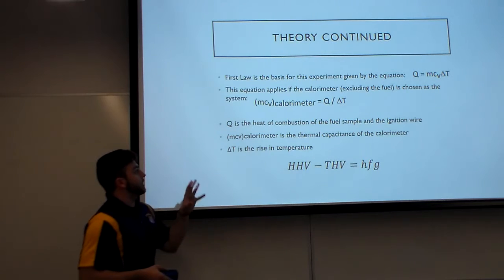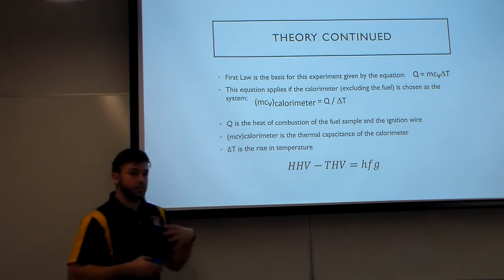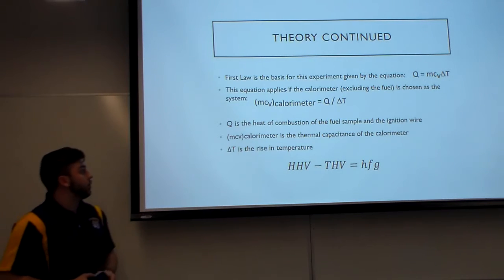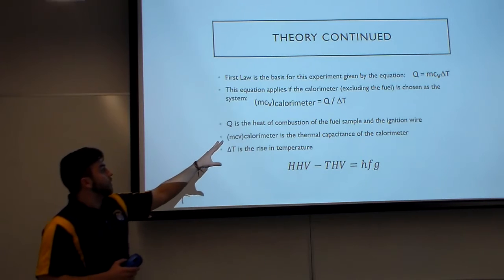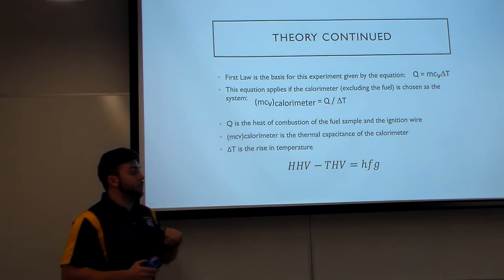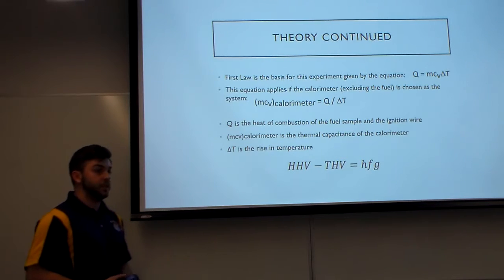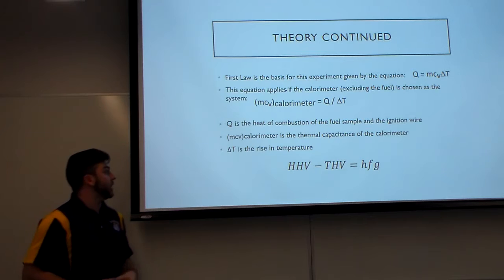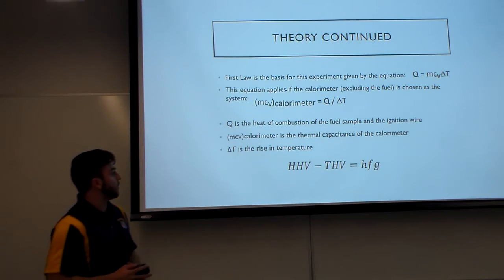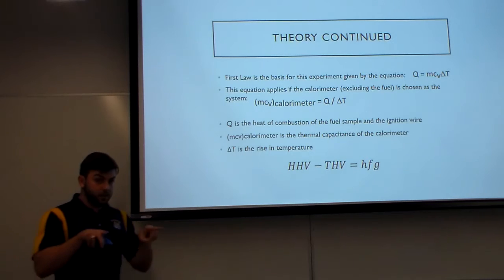However, if we have a known amount of heat and we have a measured delta T, we can determine the amount of thermal capacity that our system has. If we pressurize our calorimeter, we can make it a closed system, ensuring that no heat is going to leave the system.